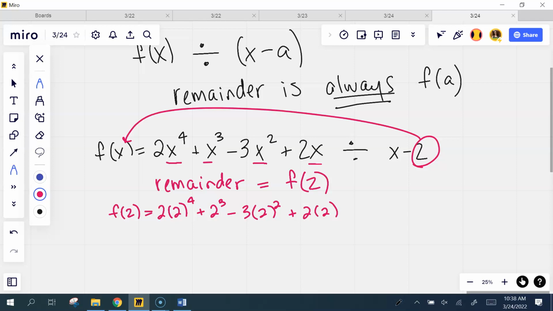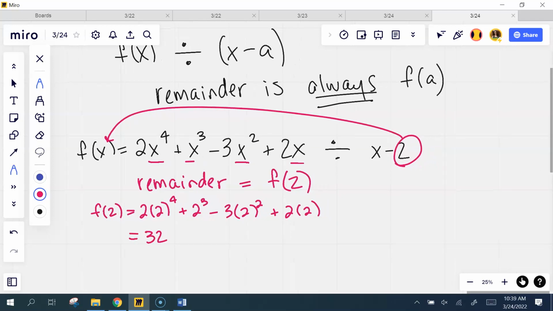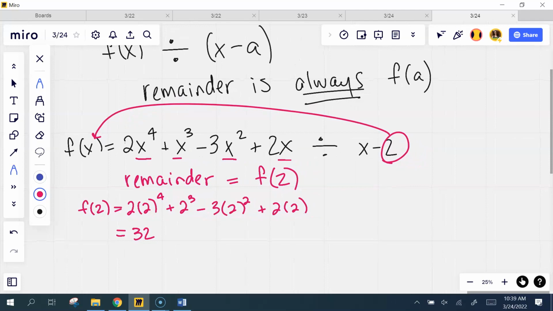What'd you get? Everybody got 32? Okay. Now come off to the side and do synthetic division. So 2 on the outside. I need a 0 for the constant place there because I don't have a constant.